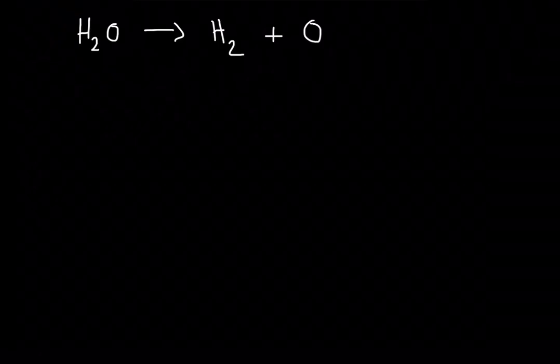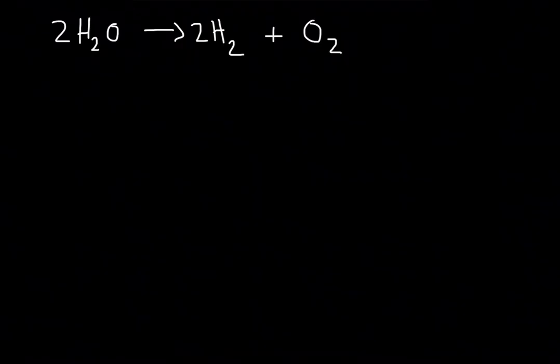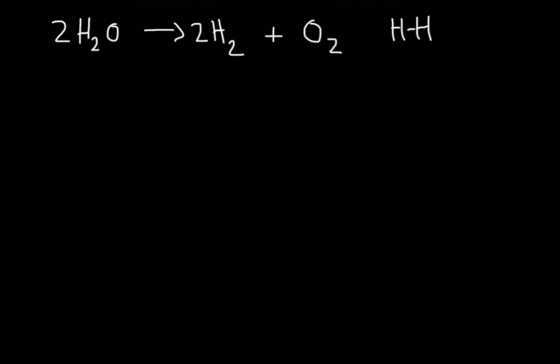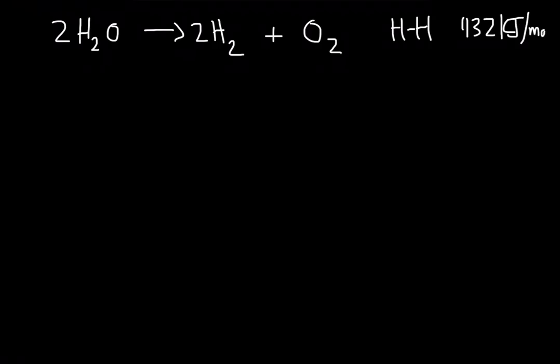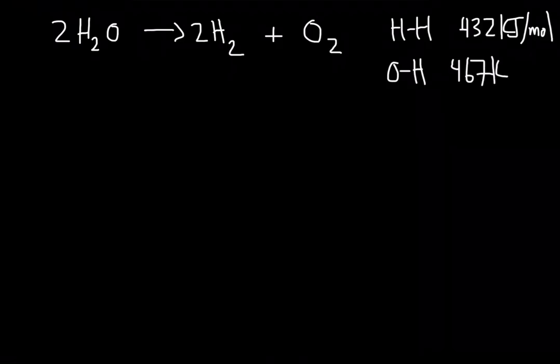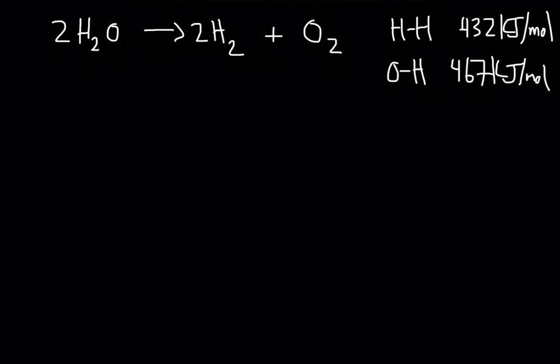Let's calculate the energy change using bond energy. Consider this reaction here. The bond energy for the H-H bond is 432 kilojoule per mole, and the bond energy for the OH bond is 467 kilojoule per mole.